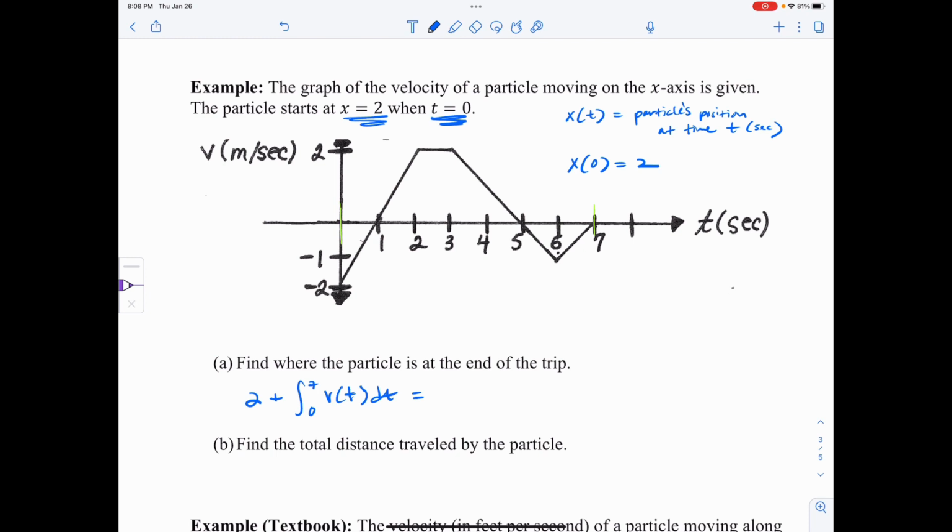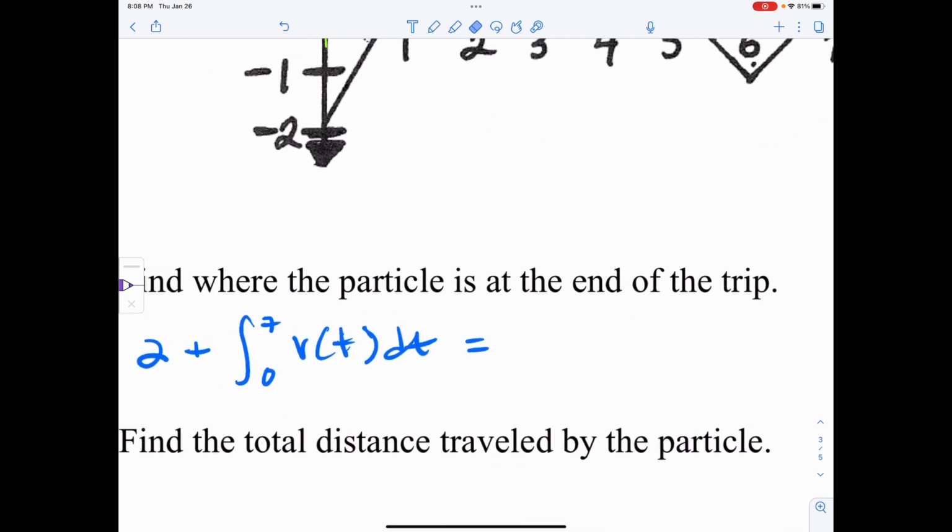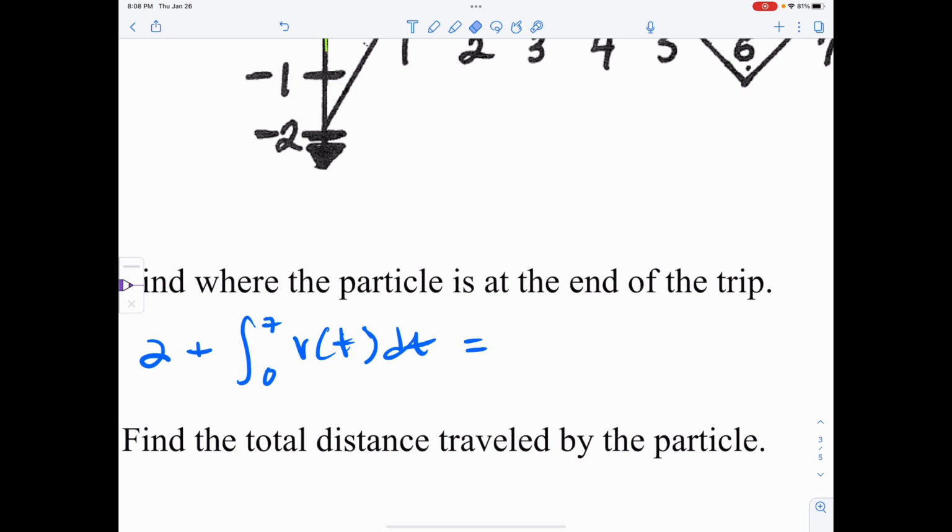The definite integral from 0 to 7 will represent the particle's displacement. And then we're taking into account its initial position will be at 2.